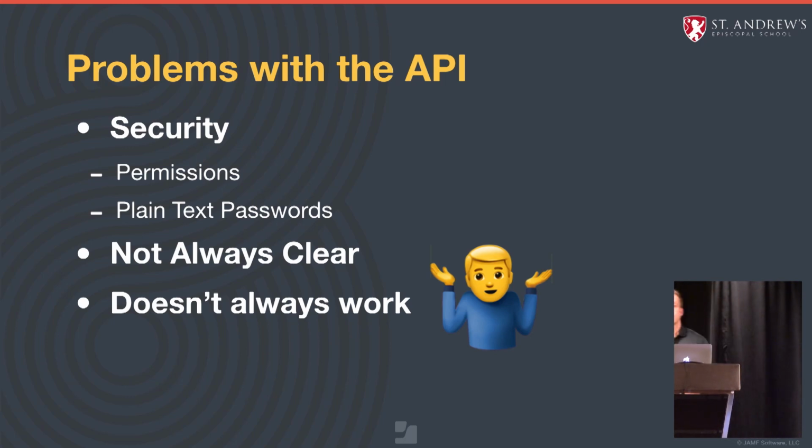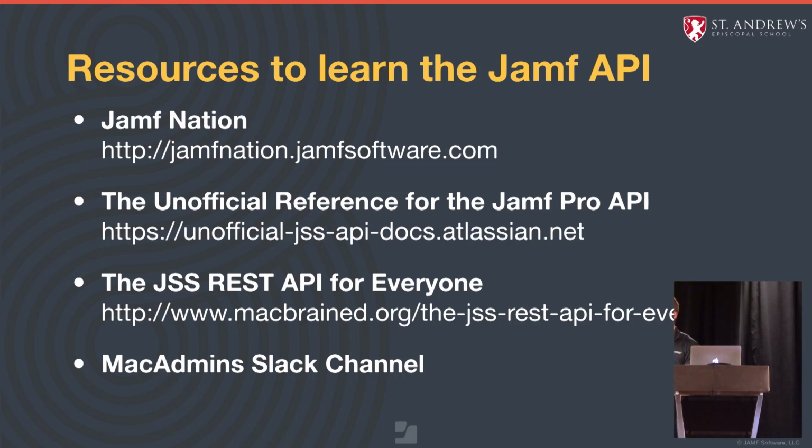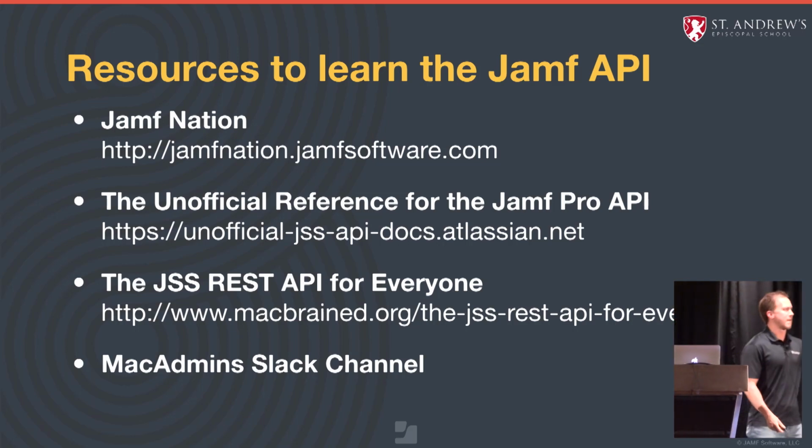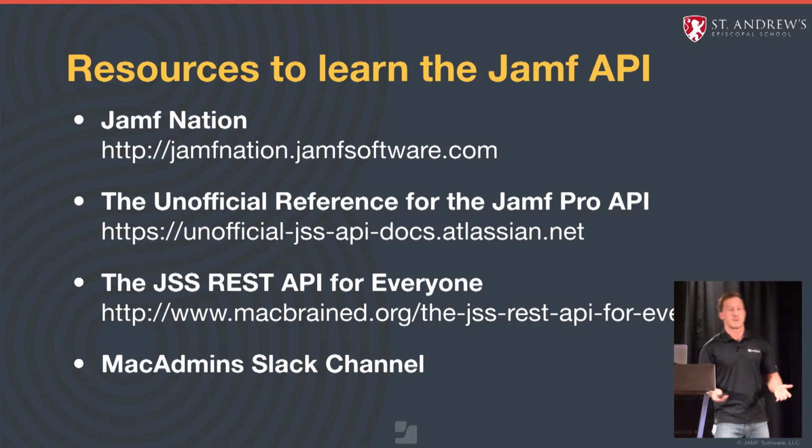So there are a couple of resources, obviously, where to go to learn about the Jamf API. Number one spot for everything Jamf related, obviously, is Jamf Nation board. If anybody in here doesn't go there, I don't know what you're really doing here then. The second spot that I learned a lot from was the unofficial reference for the Jamf Pro API.